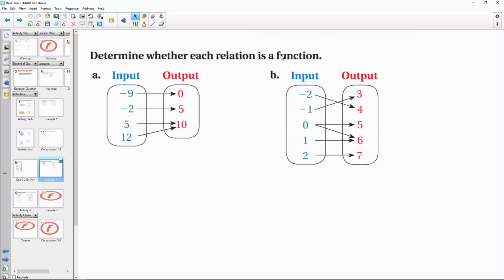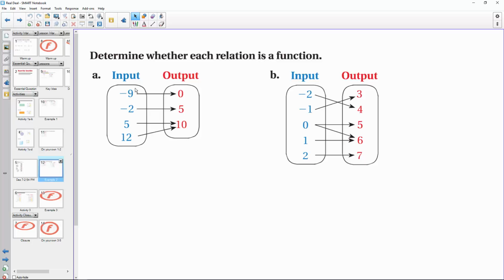So we have to determine if it's a function or not. Now, in order to be considered a function, just so you know, an input has one unique output. So if I look here, this input has one unique output. This input has one unique output. This 5 has one unique output, and this 12 has one unique output.